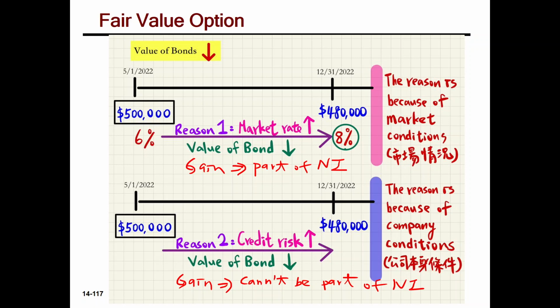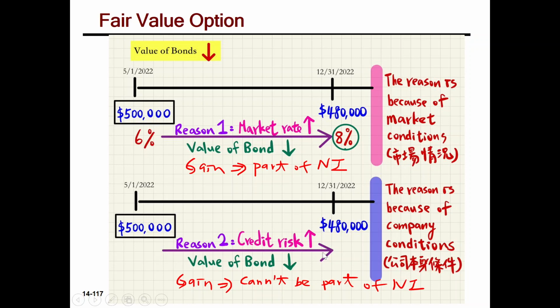When it's your company's condition, your company's problem, credit risk higher, of course that's your fault, so we cannot accept that as part of your net income. So accounting shows the situation: one gain becomes your net income, the other gain is not your net income.